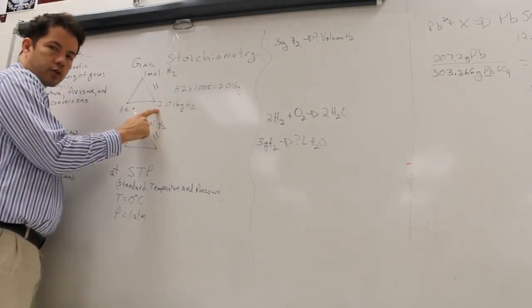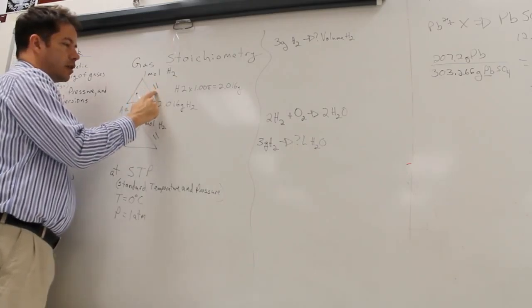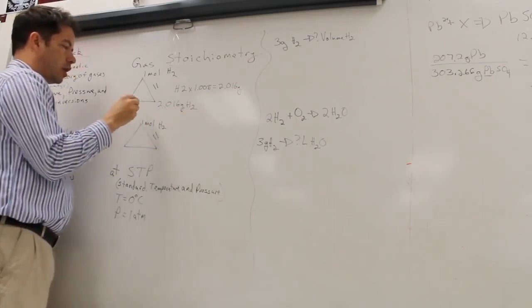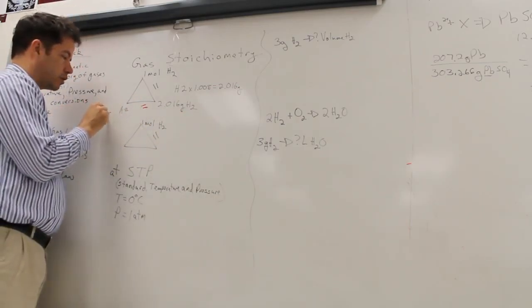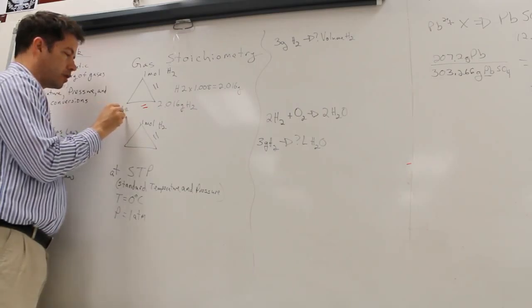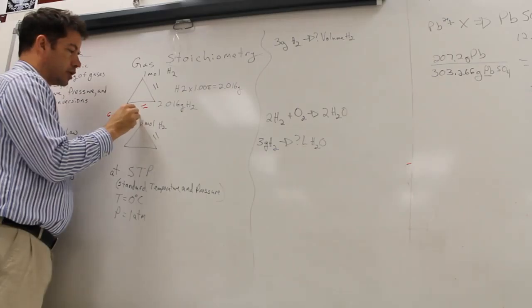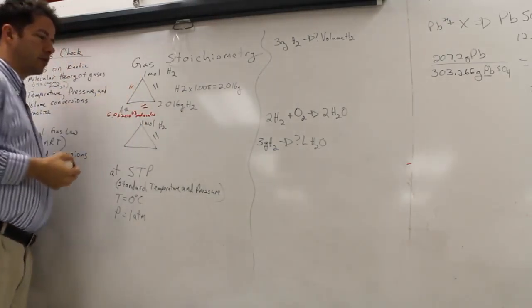And then we put it on this corner of the triangle just to show us that 1 mole of H2 is equal to 2.016 grams of H2, which is also equal to Avogadro's number, 6.022 times 10 to the 23rd molecules in this case. And we had all these things that are equal to each other.